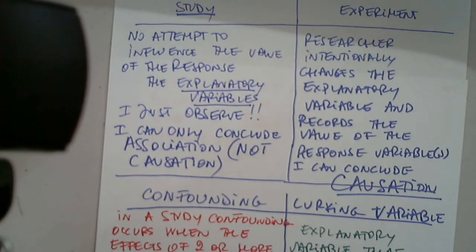Good. Observational study versus designed experiment. In an observational study, researchers simply observe characteristics and take measurements, as in a sample survey. In an observational study, researchers impose treatments. No, we're not touching anything or anybody.